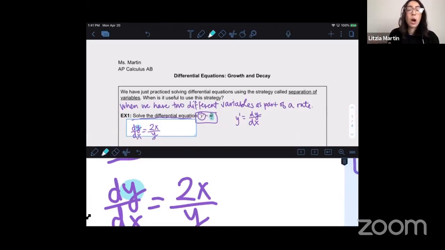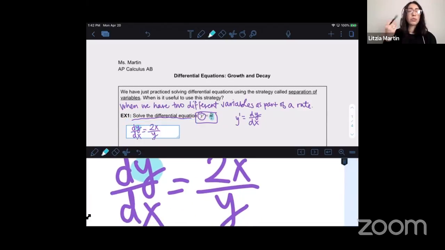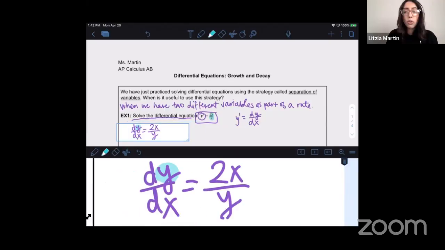So what is y equal to? What is that equation? So in order to do that, when you have a derivative, you want to find the original equation. To go backwards, we take the integral. But how do we take the integral of a function 2x divided by y when we have two different variables? We have to separate those variables.